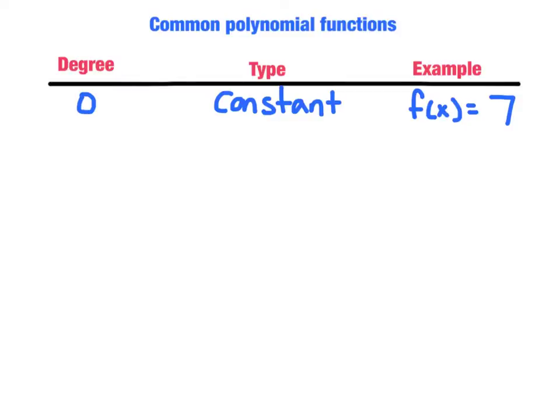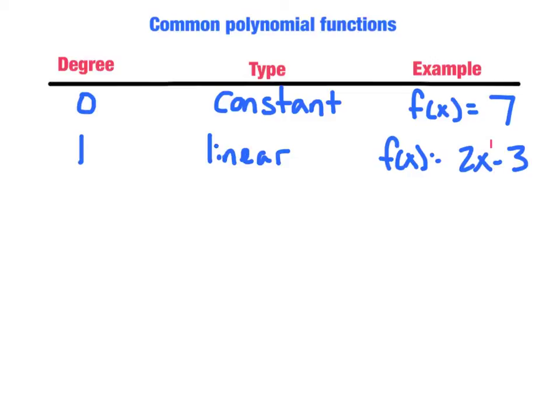If the degree is 1, it's linear. It's any of your mx plus b kind of thing. So an example of that would be f of x equals 2x minus 3. Here the highest degree of x is 1.